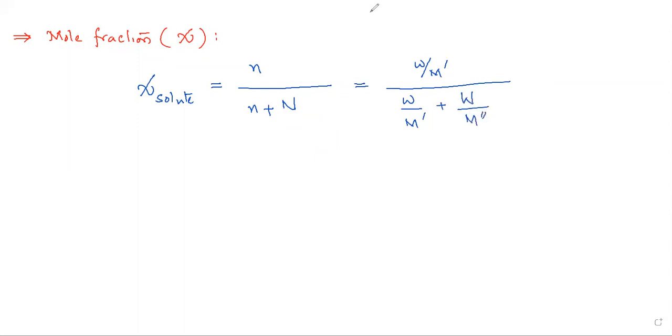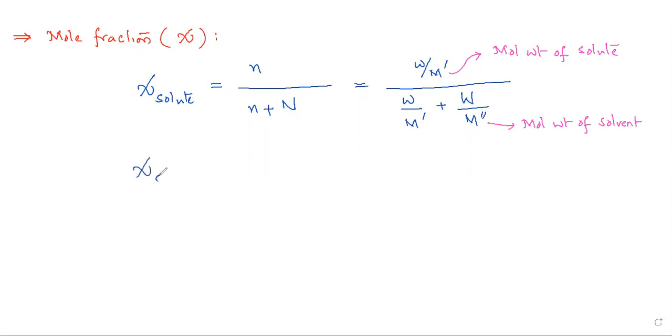Here this m dash and m double dash refer to the molecular weights of solute and solvent. Only to avoid confusion with the molarity and molality, which use small m and capital M, I've used m dash and m double dash. Okay.